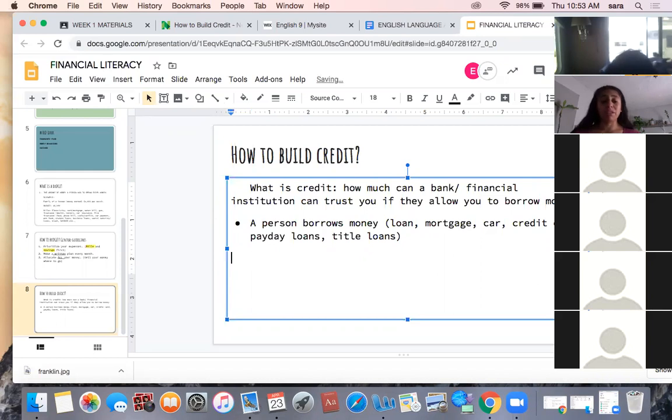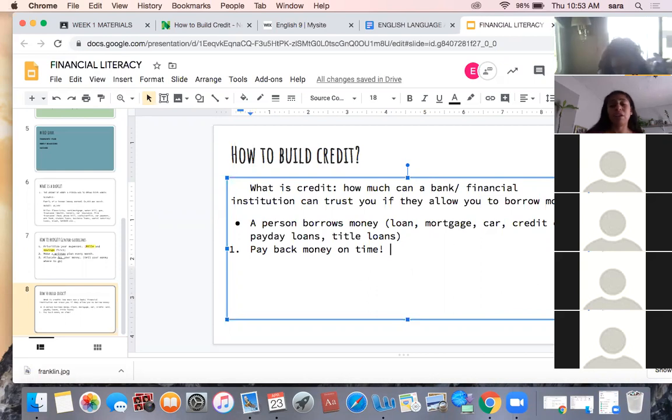Well, number one, most importantly, is to actually pay back money on time. So if you borrowed money for a car, if you borrowed money for a credit card, or by way of a payday loan or a title loan, you need to pay your money back on time. And that, let me underline it.